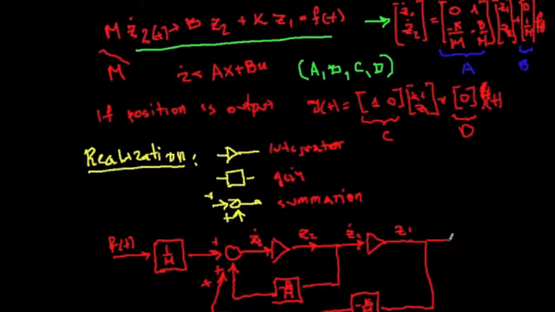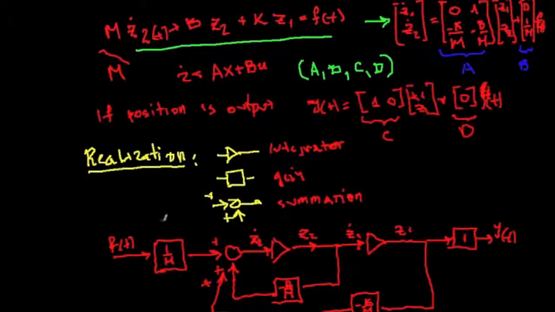Finally, this is just multiplied by the C matrix, or just by 1, and we get y of t. This is pretty much the realization.